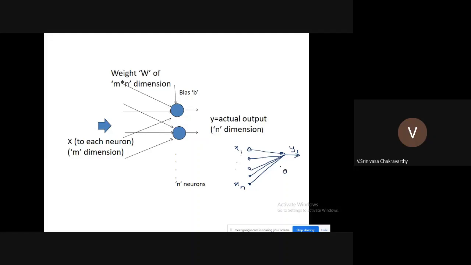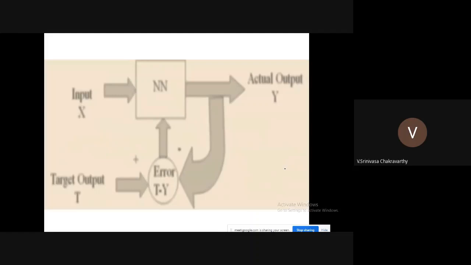Similarly, I can have more neurons, yi or yj, etc., up to ym. So this kind of a network can be trained to classify patterns.